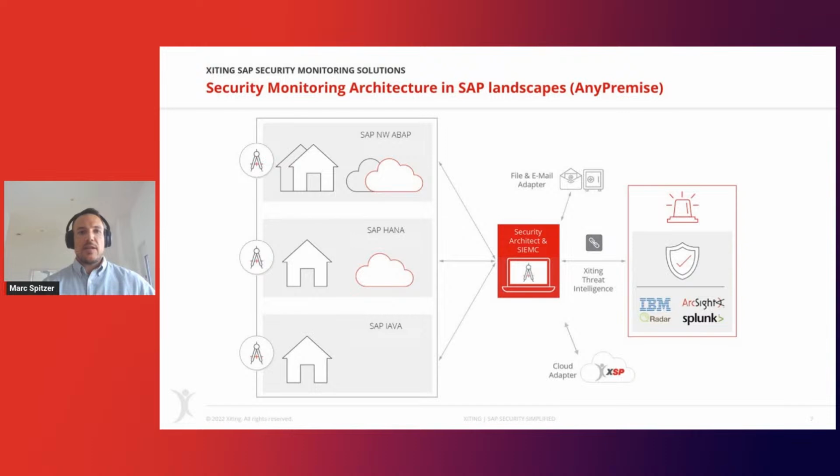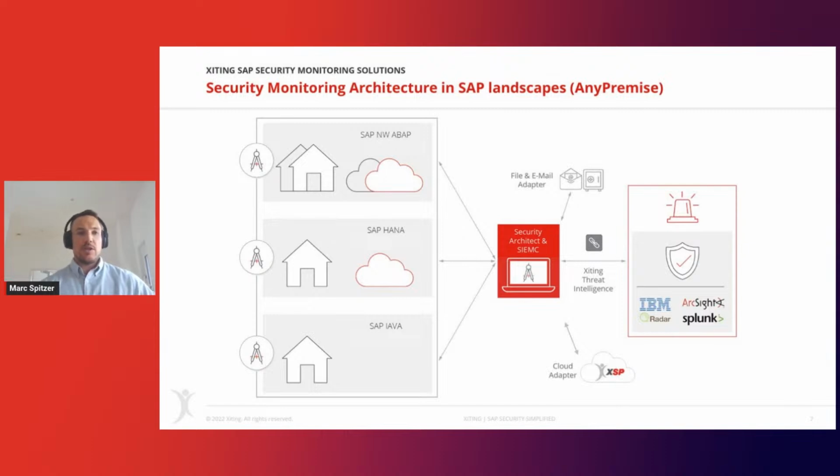And if you have done the work to connect those satellite systems to your central system, you can think about, okay, what do you want to do now with the log collection and the threat detection? So our threat detection then is running in the central system, for example your Solution Manager, and it really runs on existing hardware.